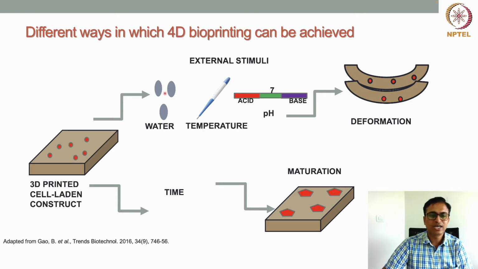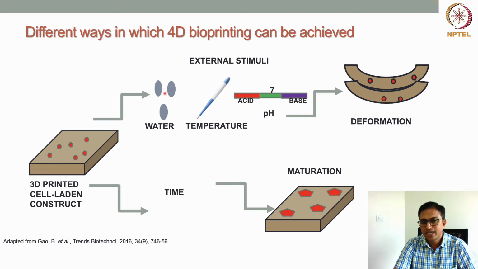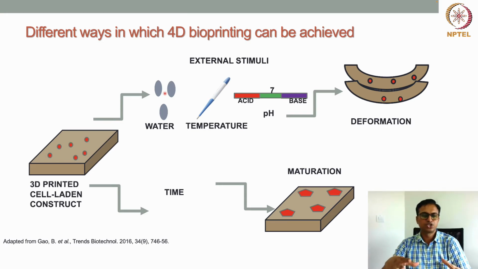Water can be an external stimulus here. Suppose the material has two different layers with varied swelling ratios: the top layer has one swelling ratio and the bottom layer has a different one. If I subject this material to water, the higher swelling ratio layer will swell more, and the lower swelling ratio layer will swell less.